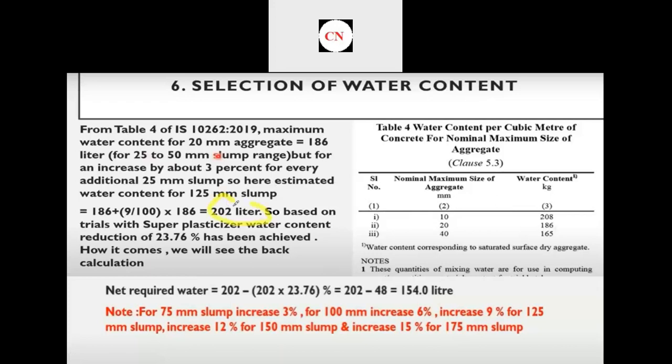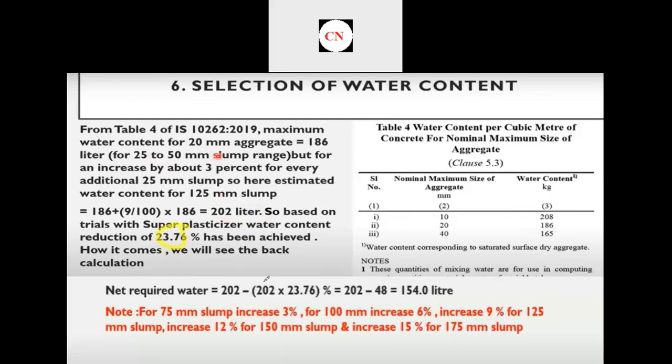Since super plasticizers are used in this particular condition, based on the trial it is given that nearly 23.76% of the water content can be reduced by the use of the super plasticizer.